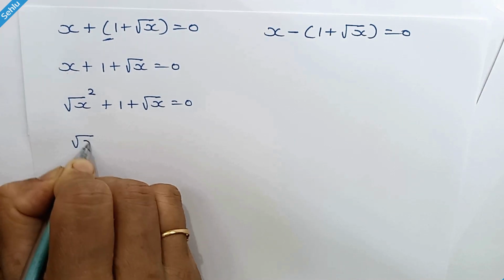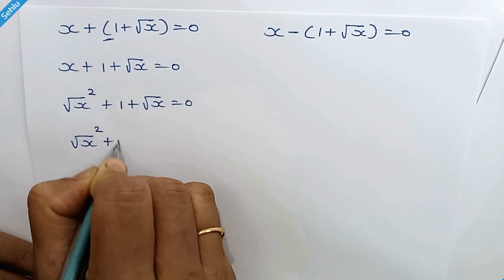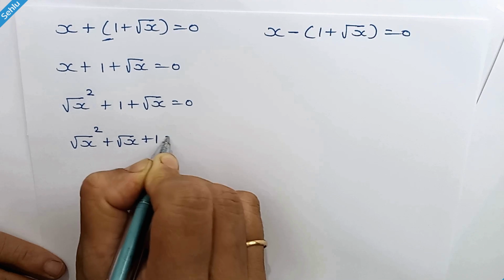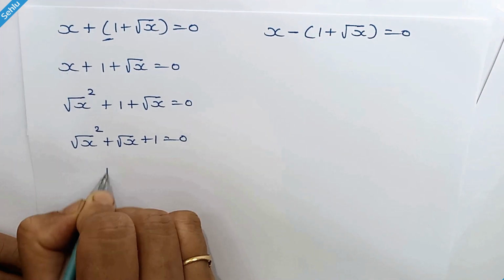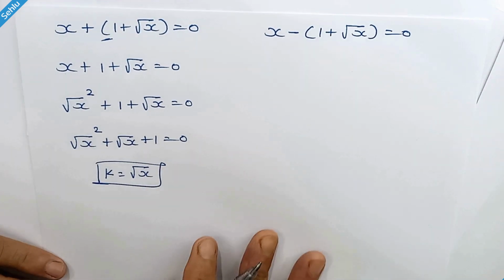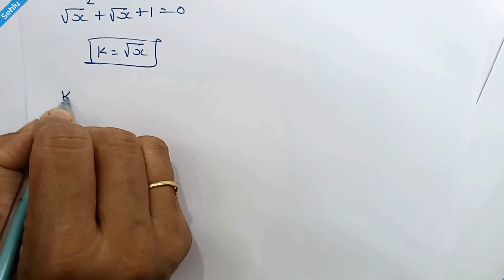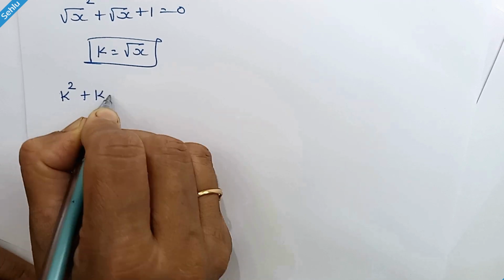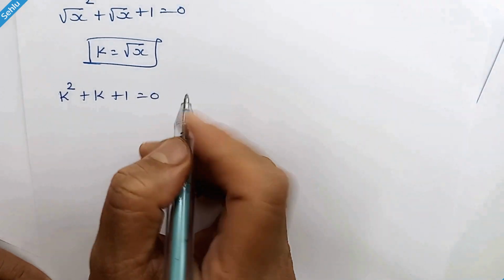Let's rearrange. Now let's take k in place of square root of x. So it will be k squared plus k plus 1 is equal to 0.